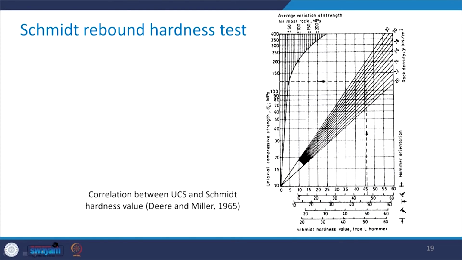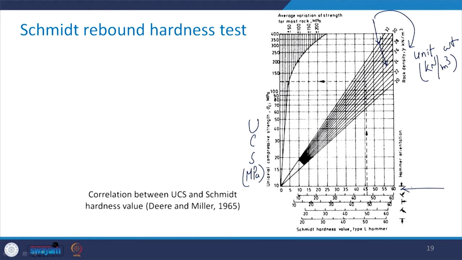On this axis you have UCS in MPa, megapascal, and these radial lines give the unit weight of the rock in kilonewton per meter cube, and this axis gives us the Schmidt hardness value, and this is for the L type hammer.